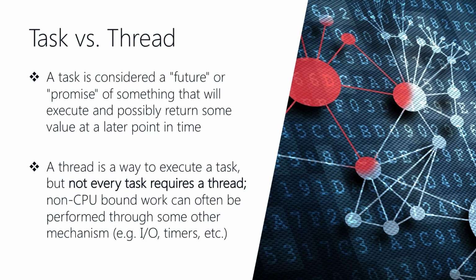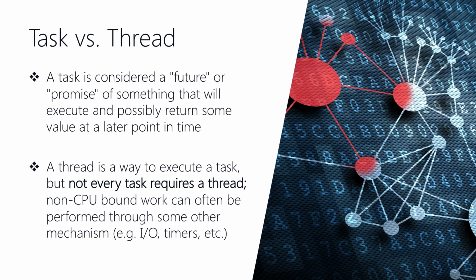Or maybe you have a custom scheduler, and that custom scheduler is always using one single thread to run all tasks. And then there are situations where threading is simply not required. If you're using Task.Delay, you're able to asynchronously wait, and this does not require a thread at all.